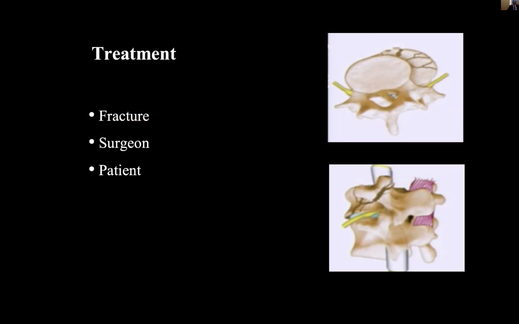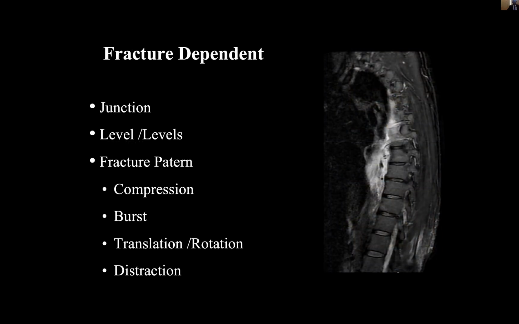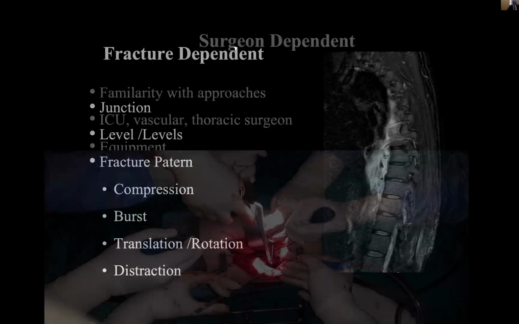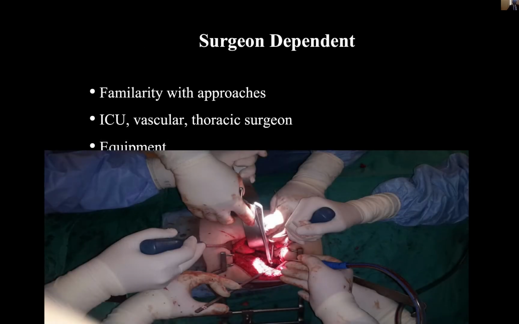The treatments depend on the fracture, on the surgeon, and on the patient. The fracture depends on the level of the fracture. The junctions are very important. You see how many surgeons are inside the patient.